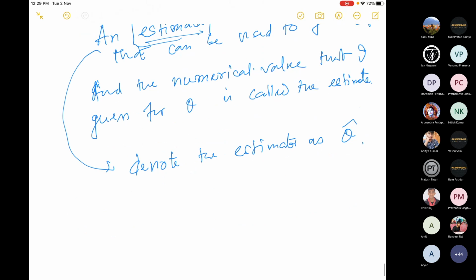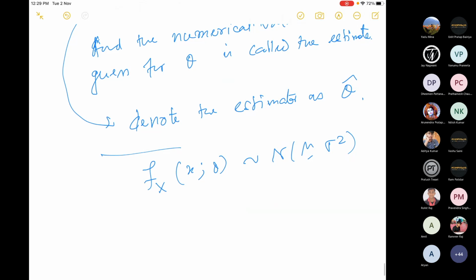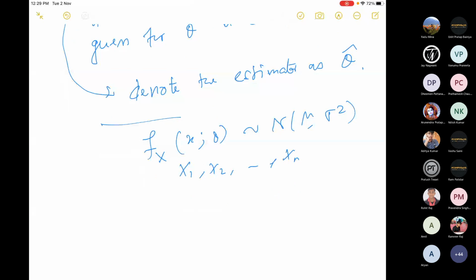Suppose f(x, theta) is normal, but I do not know mu and sigma square. Then I first have to find a statistic using the random sample x1, x2, ..., xn that will estimate mu, and another statistic that will estimate sigma square. In notation, find mu hat and sigma square hat.